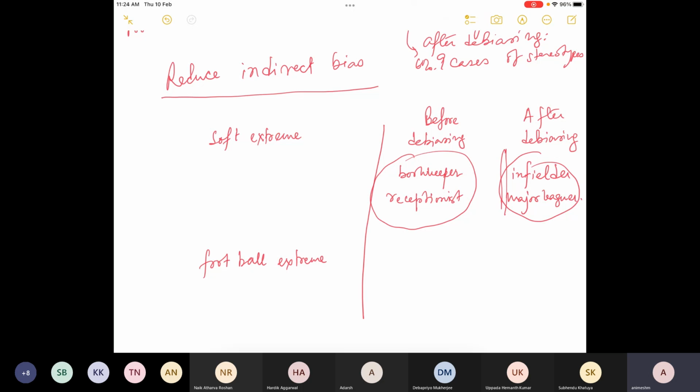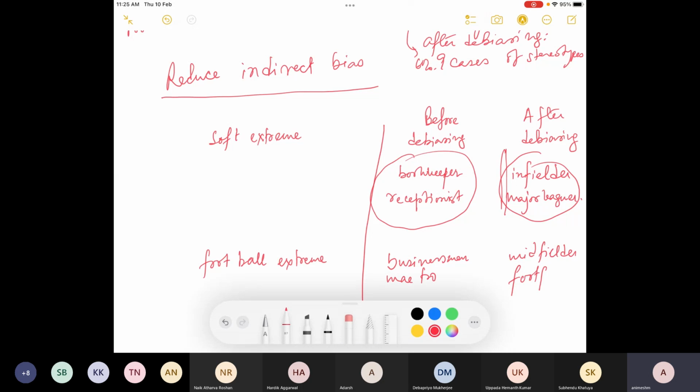Similarly, on the football extreme, earlier you had businessman, you had maestro, etc. Now you have things like midfielder, footballer, which was also there earlier, which are more related to the profession rather than being connected by any gender-based similarity.